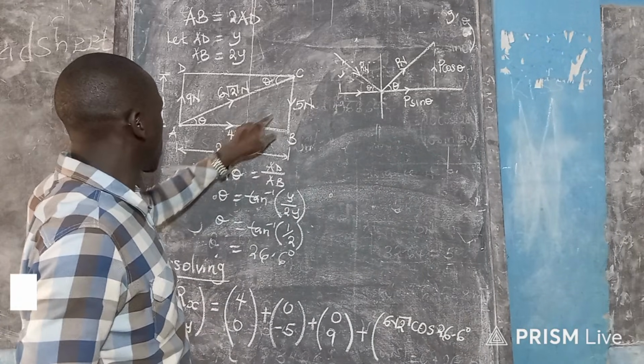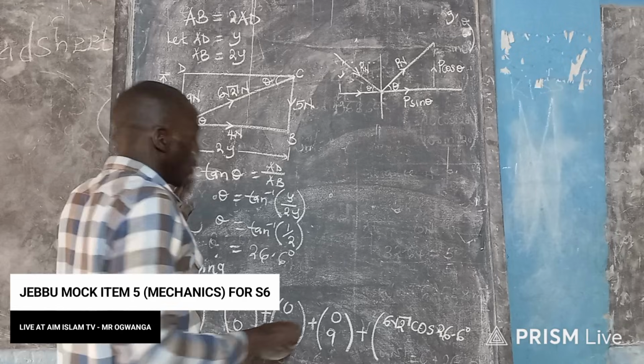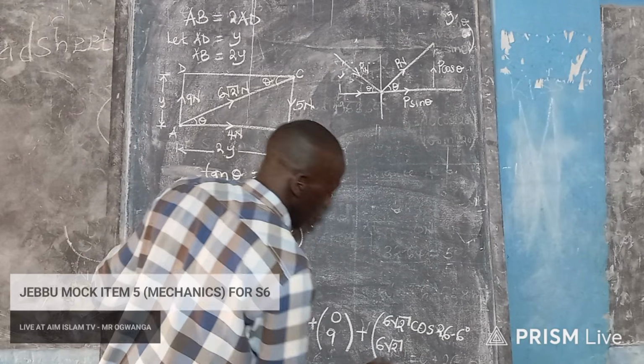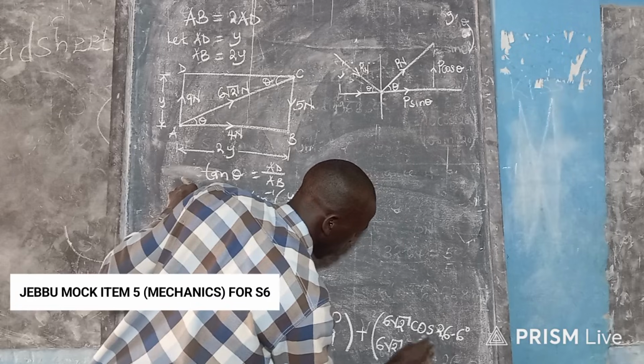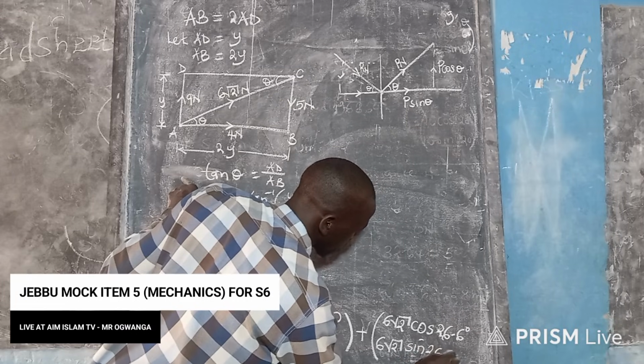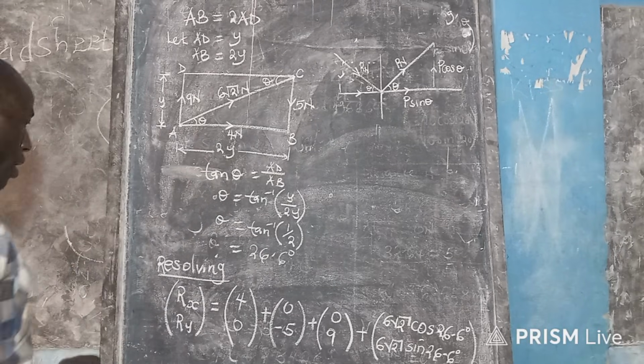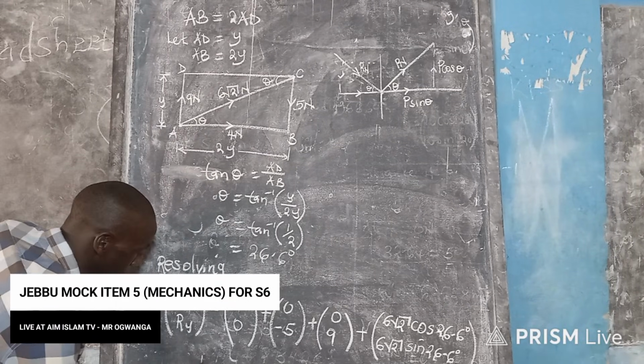And then on the side of the vertical, we'll also have 6 root 2 sine of our angle, which is 26.60 degrees. So that is what we are going to be having.